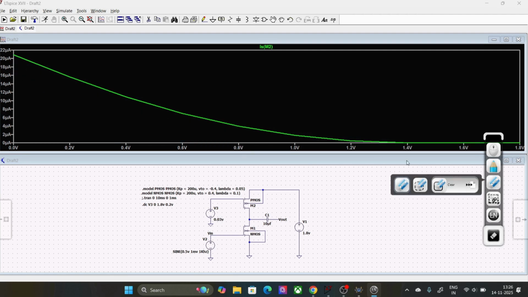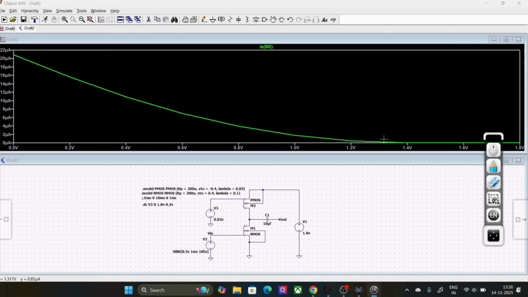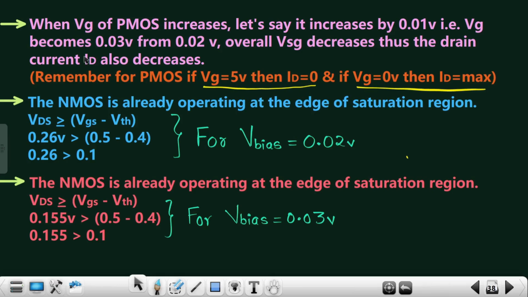You see the ID decreases as my Vbias is increasing. This is what I had clearly mentioned over here: as VG, that means my Vbias, increases, my ID decreases. Great. So we are clear with this particular point.